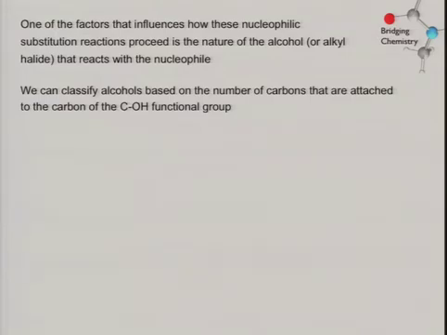Right? So remember, if you look back in your notes, you've got a carbon with an OH and 3 R groups, and we said yesterday that those R groups can be either carbons and hydrogens or sometimes just hydrogen. What we're saying now is that we can classify alcohols into different types based on the nature of those R groups, whether they actually are carbons or whether they're just hydrogens.